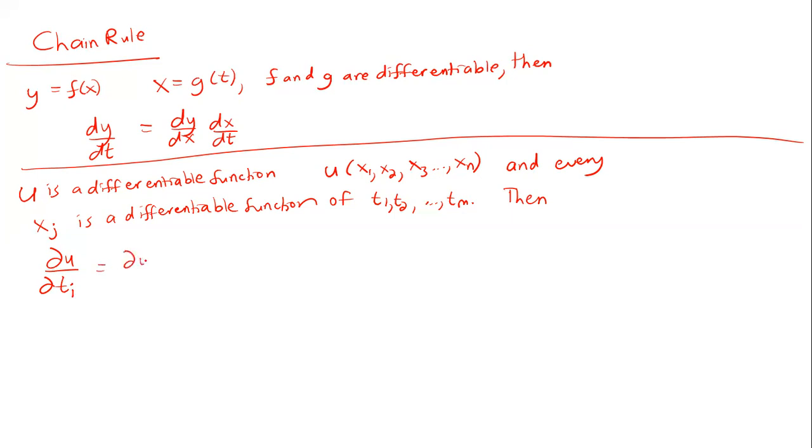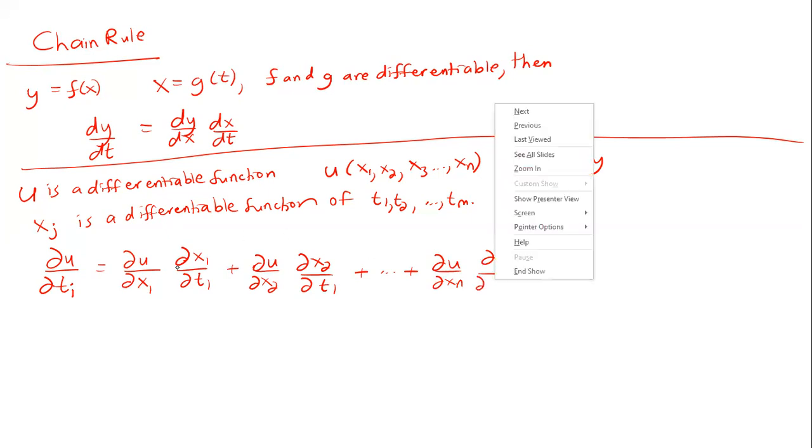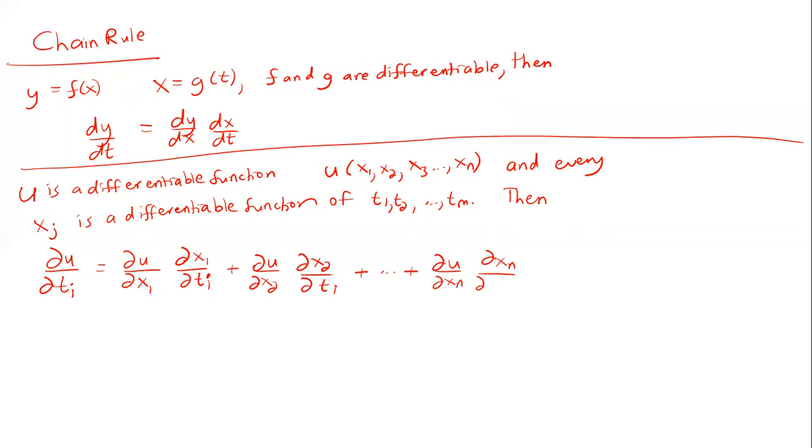But in addition, it's a function also of the x, so it will be du dx1 over dt1 plus du dx2 over dt1 plus ... plus du over dxn over, oh, sorry, these should all be ti for consistency with this being an i right here. dti for all i equals 1 to m.